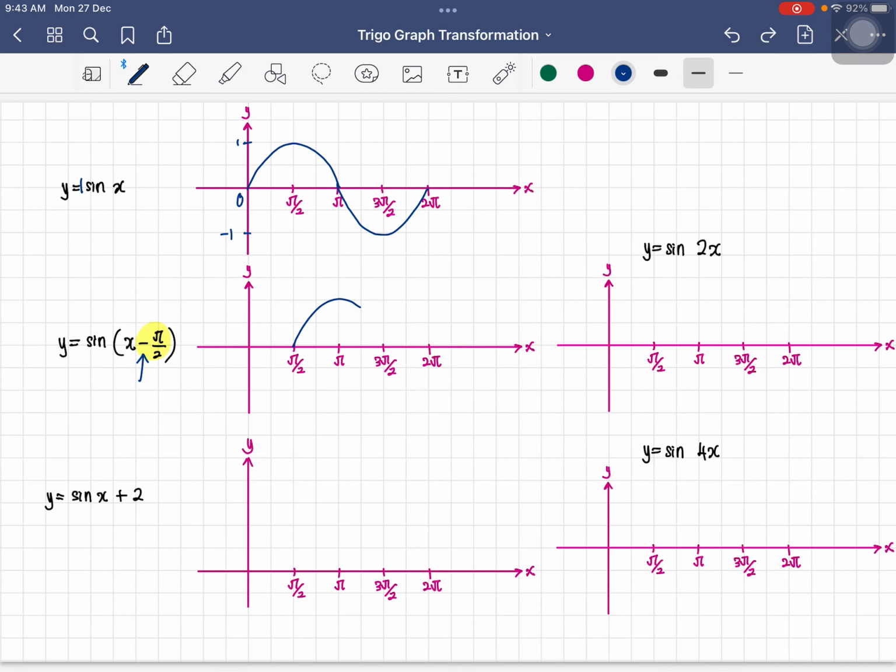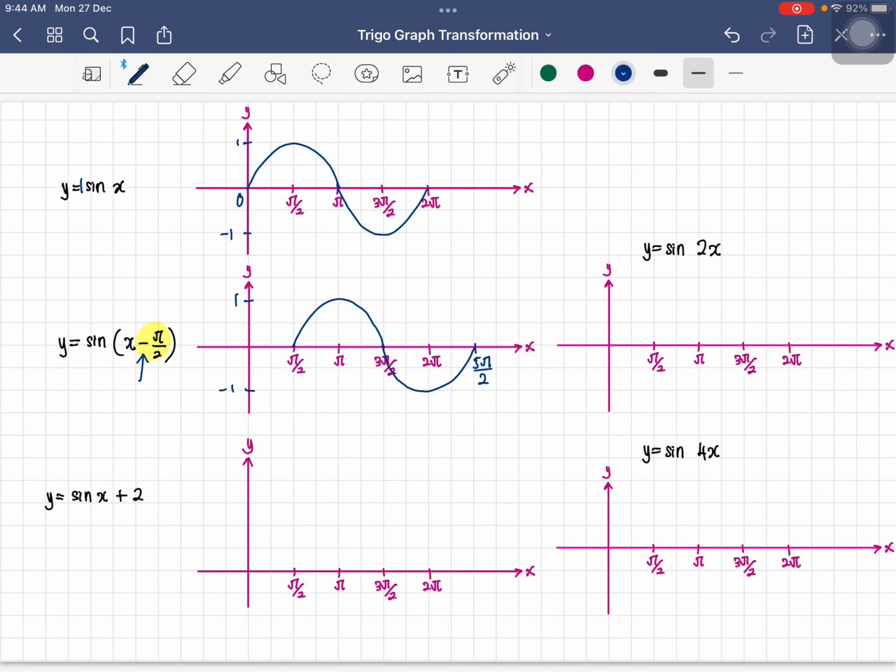This is 1 and this is negative 1. The end is 2 pi plus pi over 2, which is 5 pi over 2. So this is our graph now.